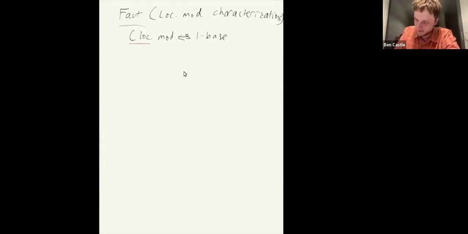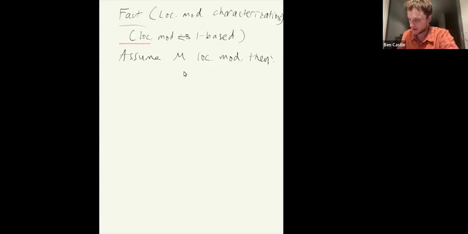So I'll say why it's called one-based. Assume M is locally modular. Locally modular says if you have a stationary almost equality class of dimension 1 in the plane, then you have a bound of 1 on its canonical base.